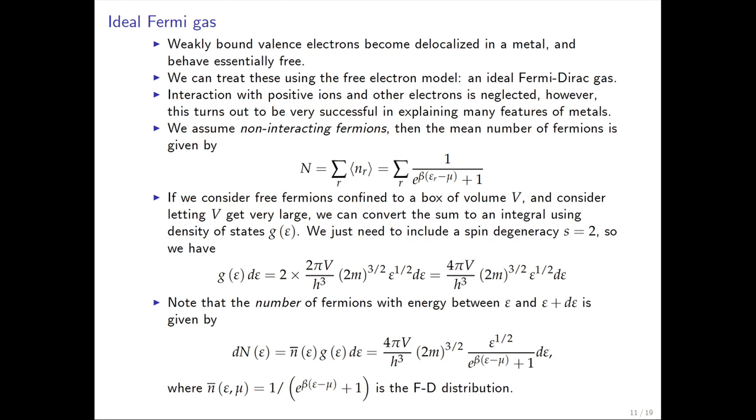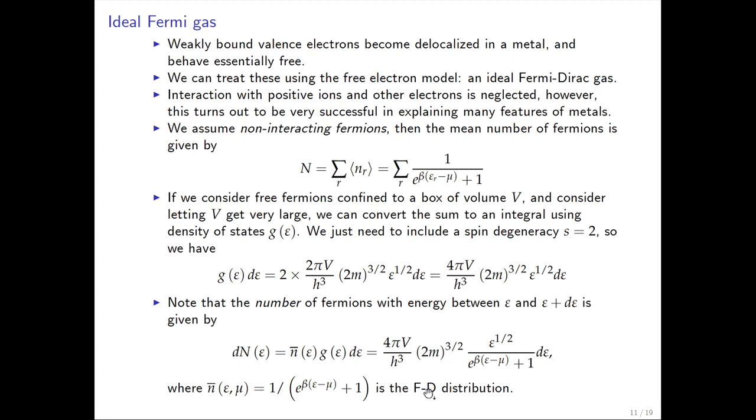We can also find the mean number of fermions with energy between epsilon and epsilon plus d epsilon, which we'll call d capital N sub epsilon. Well, that's just equal to this mean occupation number, N bar. For simplicity I'm going to write these as N bar, and explicitly show it depends upon epsilon and mu. And of course, it's just this factor, which is the Fermi-Dirac distribution.